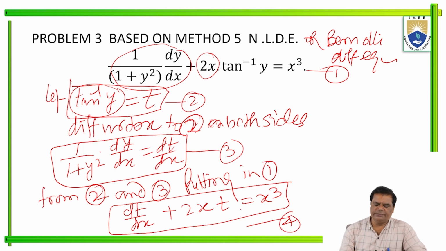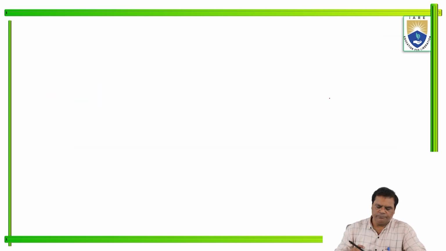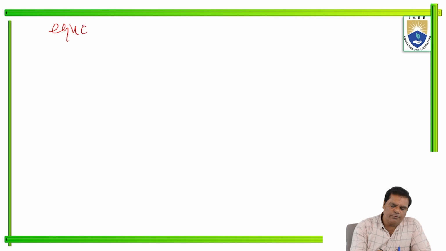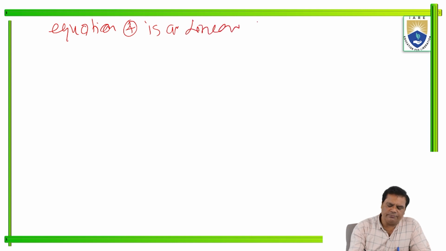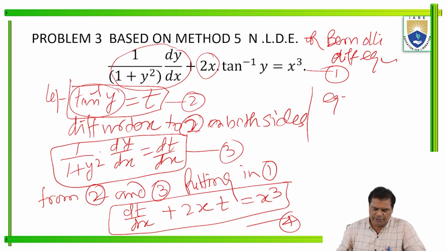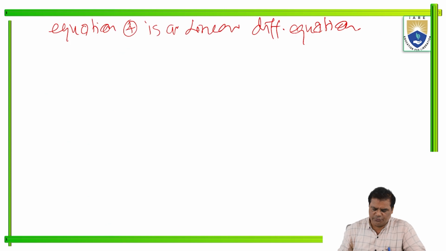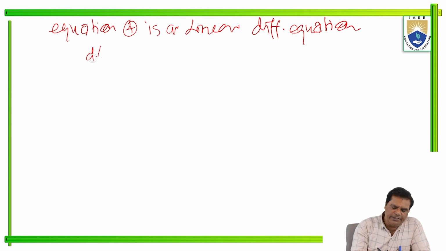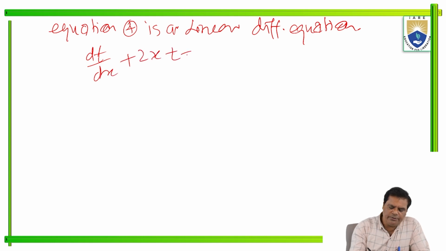Equation 4 is a linear differential equation. So this linear equation is dt over dx plus 2xt equal to x cube.